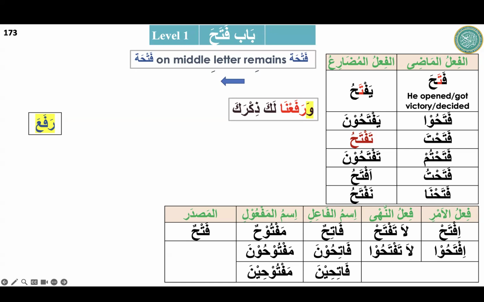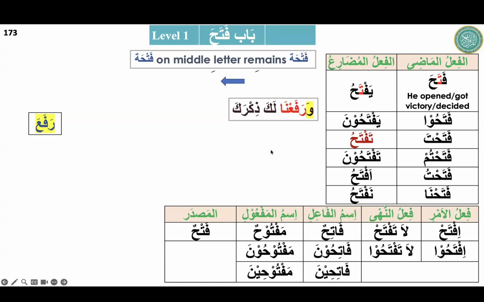Assalamu alaikum wa rahmatullahi wa barakatuh. So, from this ayah, part of the ayah: وَرَفَعْنَا لَكَ ذِكْرَكَ. We will translate word by word. Wa means and. So rafa'na is from the verb rafa'a.